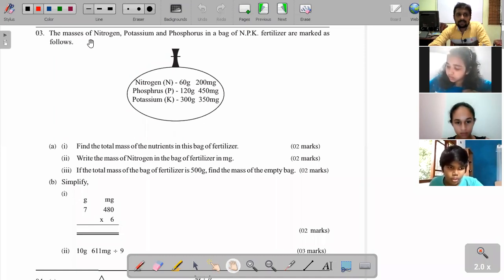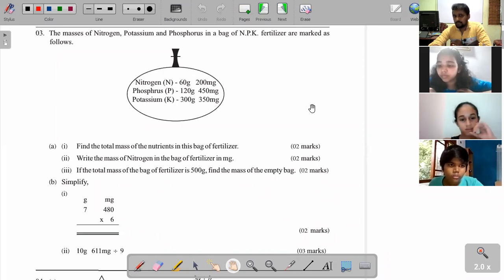The masses of nitrogen, potassium, phosphorus in a bag of NPK fertilizer are marked as follows. Nitrogen 60 grams and 200 milligrams, phosphorus 120 grams and 450 milligrams, potassium 300 grams and 350 milligrams. Find the total mass of the nutrients in the bag of fertilizer.